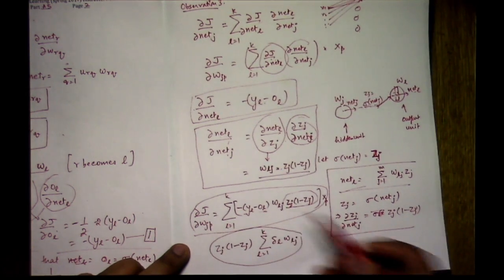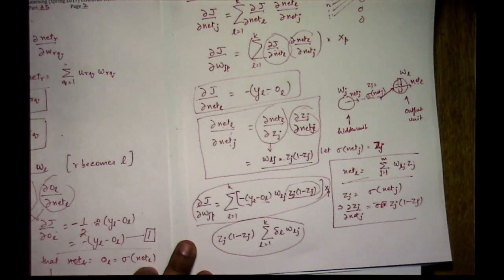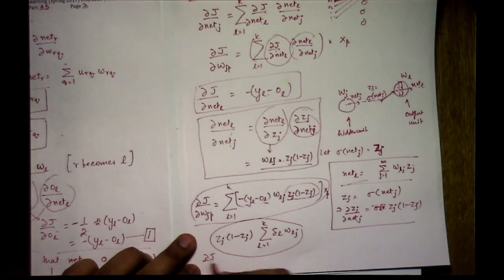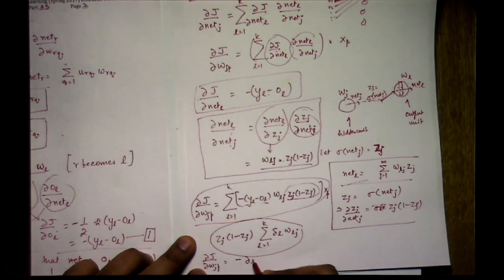So this is essentially here. Then dJ over dw_jp becomes minus delta times this.